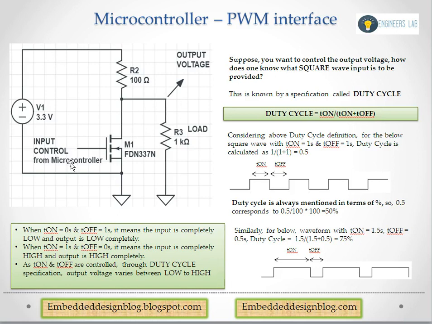When the input is low, the output is high, which is the resistive divider divided voltage. So now if you apply this pulse, based on the pulse width you will get the corresponding output voltage here, which will be varying continuously based on this pulse. We will discuss in detail about this duty cycle and other parameters of PWM.